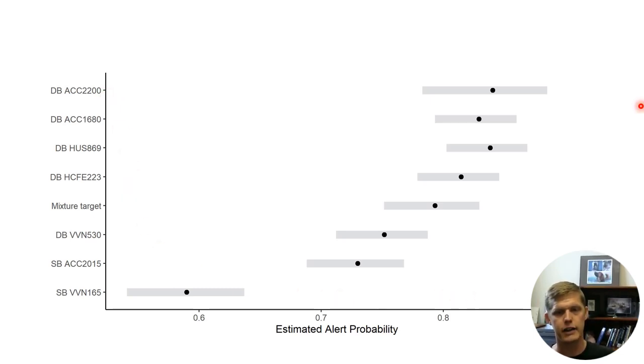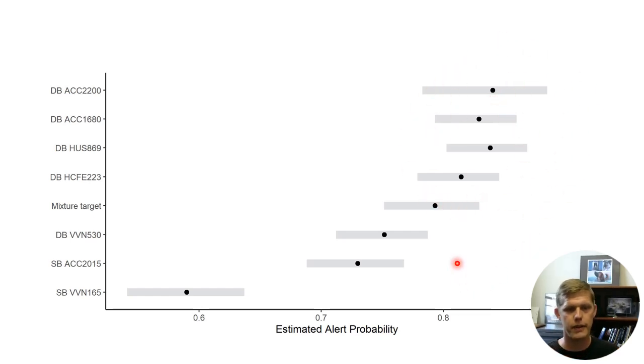So this is looking at, in our training data, whether one brand or one type was better than another. We have double base ACC 220, double base ACC 1680, the double base HCFE 223, the HUS 869. These were all very easy for the dogs to acquire.